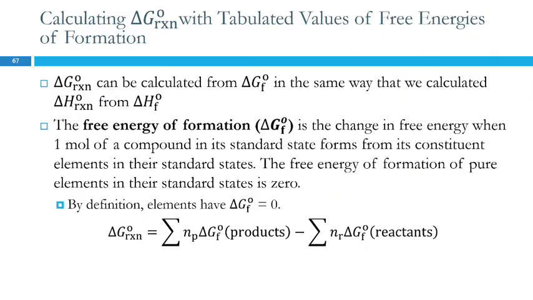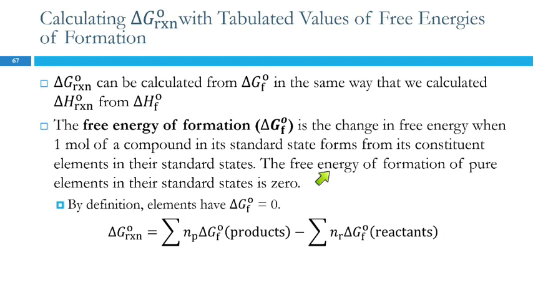We can also calculate delta G using free energies of formation that we can look up in a table. The free energy of formation, delta G with the degree symbol, f for formation, is the change in free energy when 1 mole of a compound in its standard state forms from its constituent elements in their standard states.